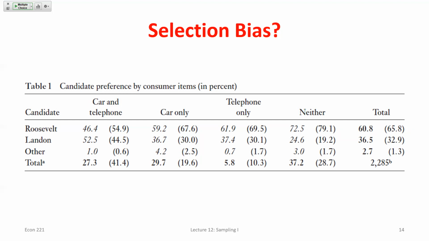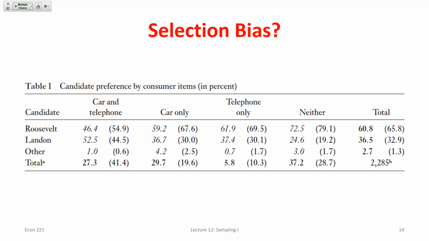But they also found people who voted in the 1936 election who weren't sent these mailers. So they could go back and say, okay, what percent of people in the survey actually ended up voting for Landon? And then what percent of the people who didn't get sent a survey actually voted for him?